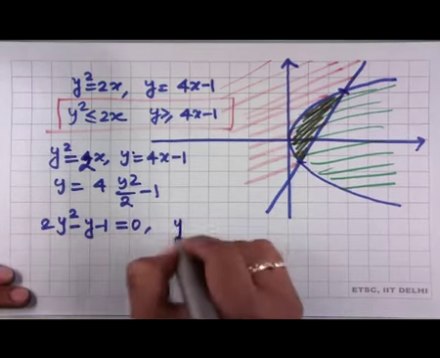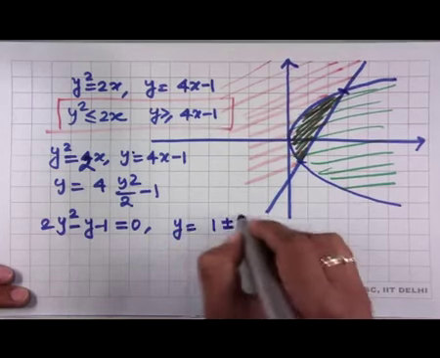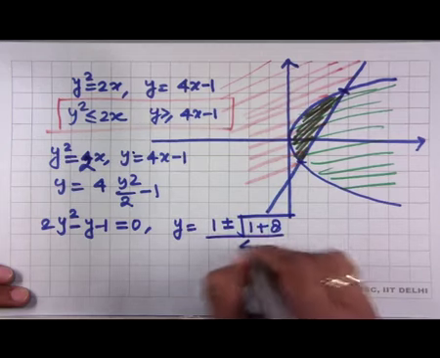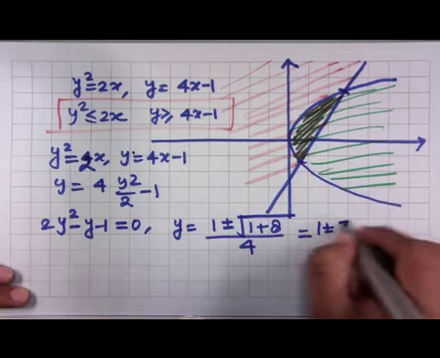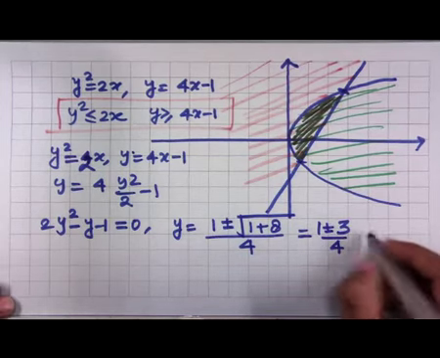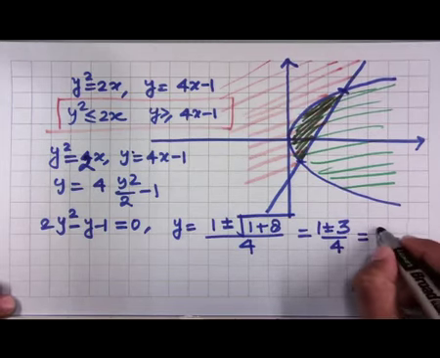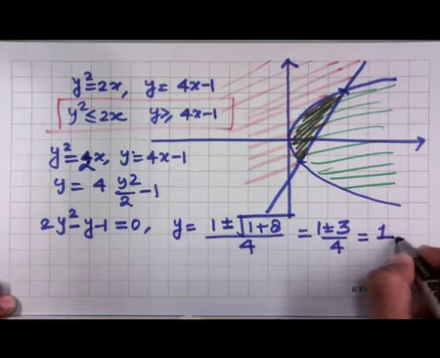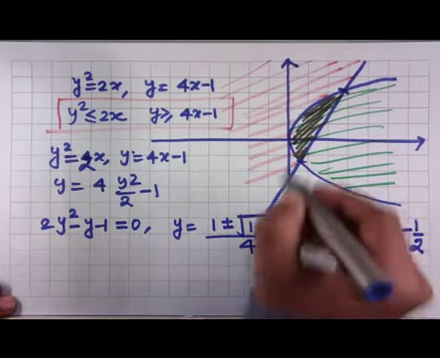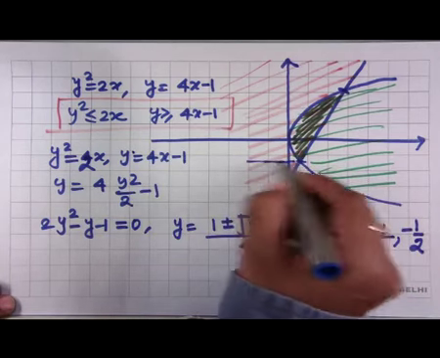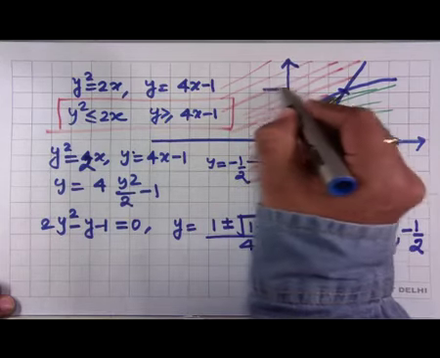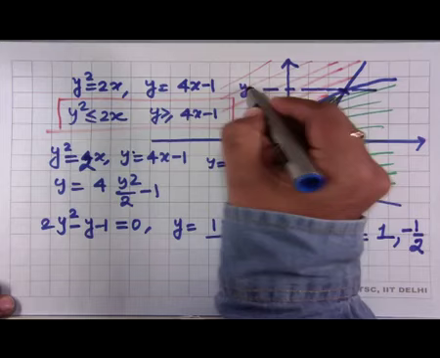So, y values will be 1 and minus 1 by 2. So, this is y equals to minus half and this is y equals to 1.